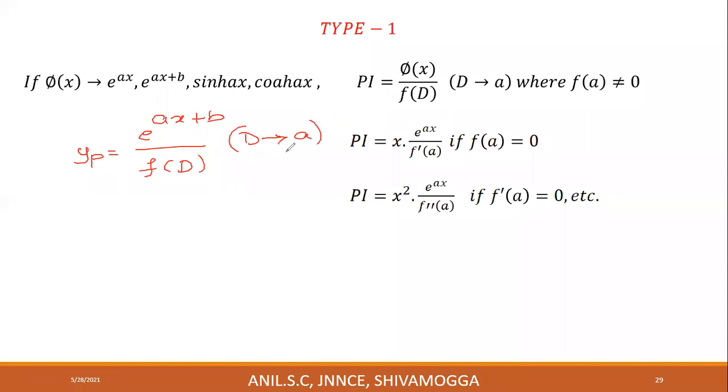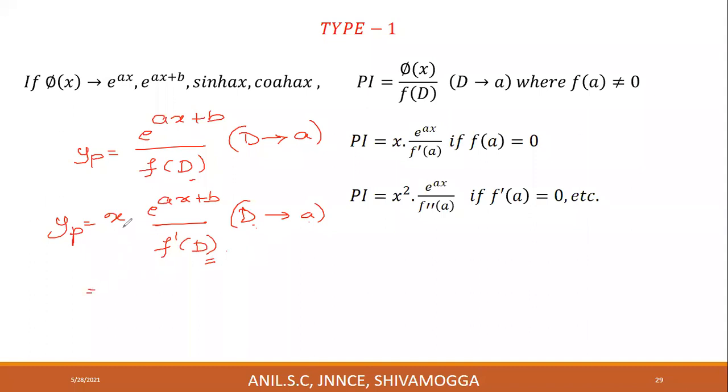Sometimes if you replace D by a, the denominator tends to 0. In such cases, you multiply the expression by x and keep the numerator as it is and differentiate the denominator. It is denoted by f dash of D. In this case also, you replace D by a. Sometimes again by substituting D by a, we get 0 in the denominator.